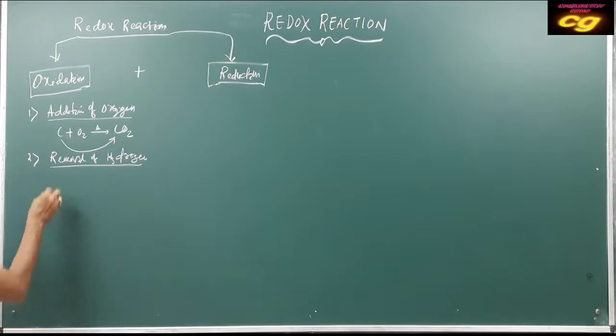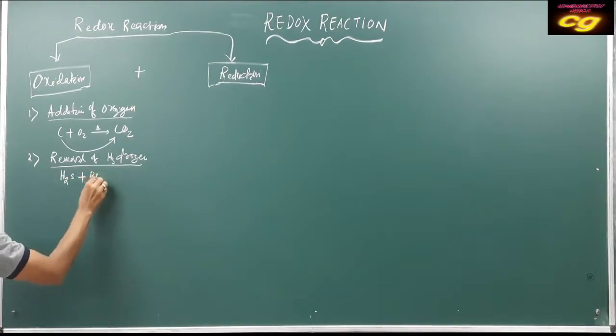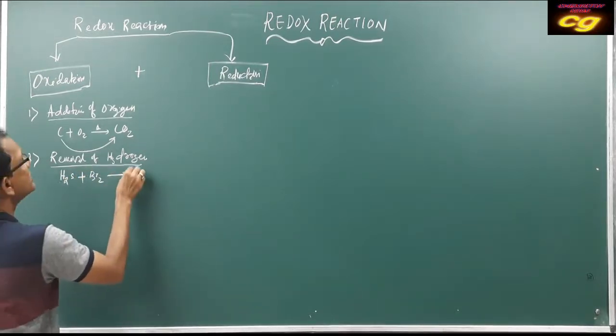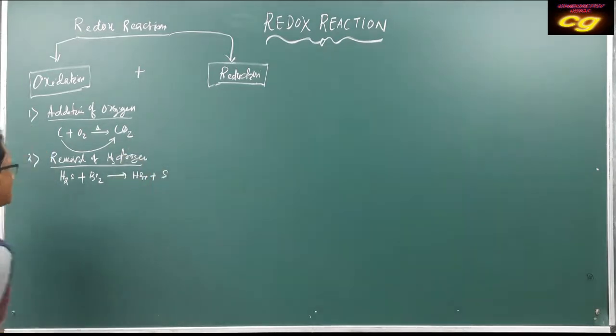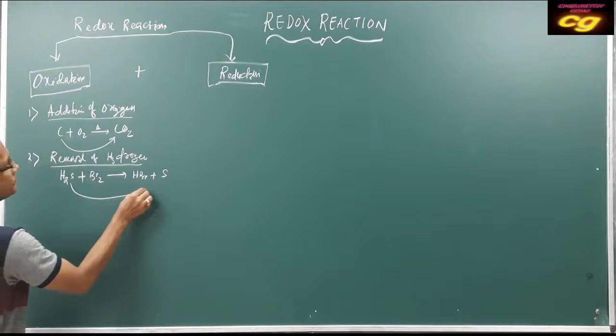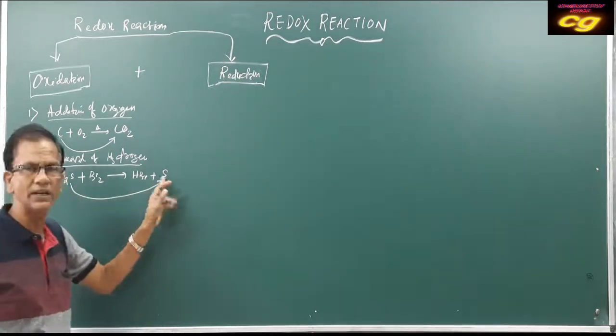For example, suppose you see H2S plus bromine, the products are HBr plus S. Let us check this change: H2S to S. On the left side hydrogen is combined with sulfur, but on the right side there is no hydrogen.